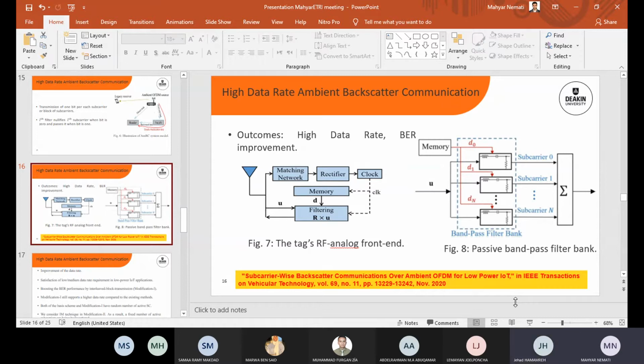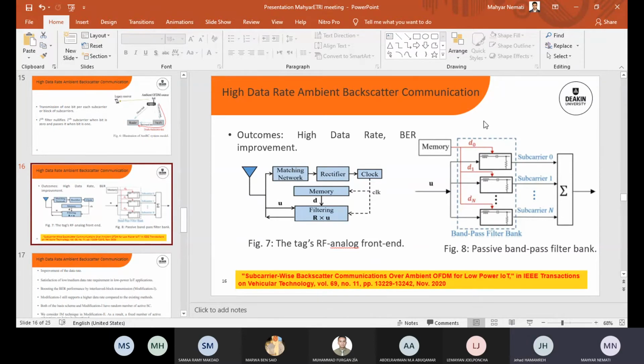So I propose a new design for the tags, RFID tags, which includes a set of bandpass filter banks. As you can see, by employing a set of bandpass filter banks or even notch filters that are analog filters, we don't need any type of source of power.